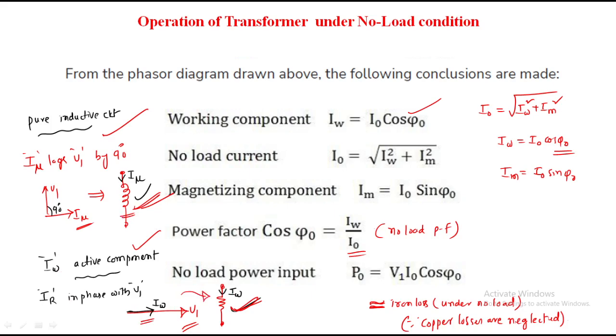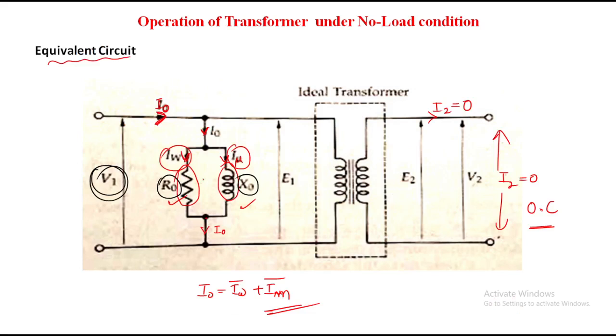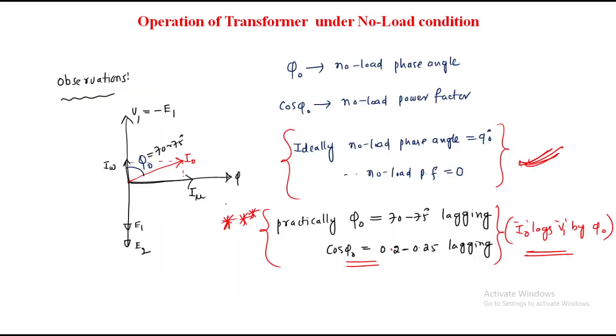That's why IW is represented through a resistive element. That's why this is the equivalent circuit. Why have we connected these two branches in parallel? Because the secondary is open circuited. In order to provide the path for I naught, these two currents should be provided in parallel. These are very important observations.